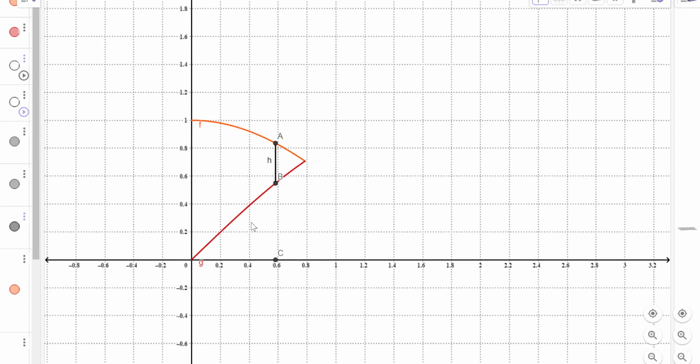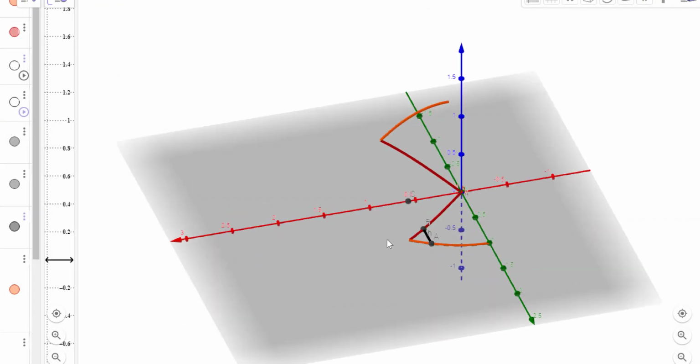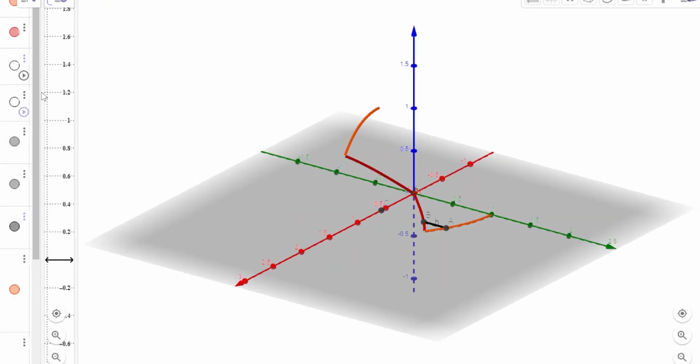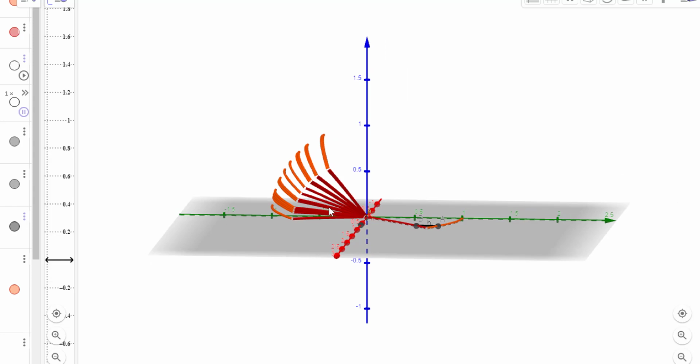Now in previous examples, we've only looked at when you revolve a single function. So in 3D, what this looks like is this. When I spin this around, it starts to create two shapes where one shape is inside the other.